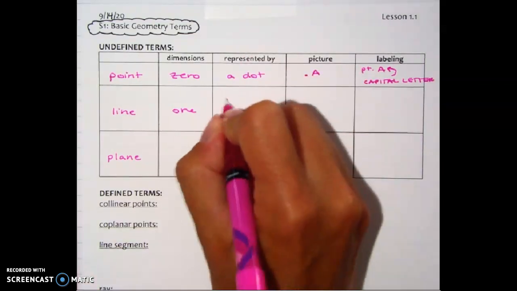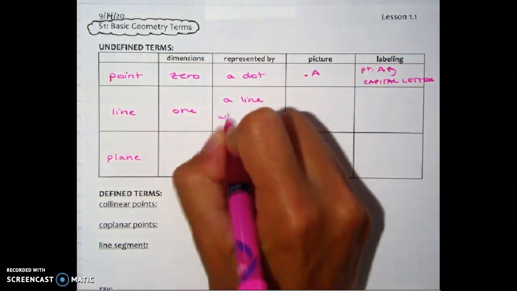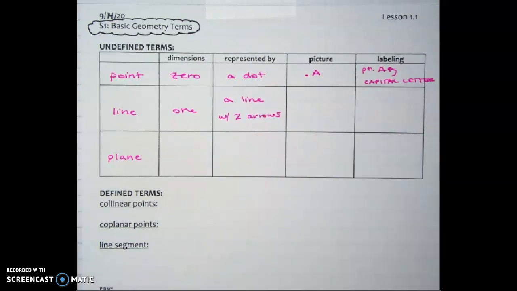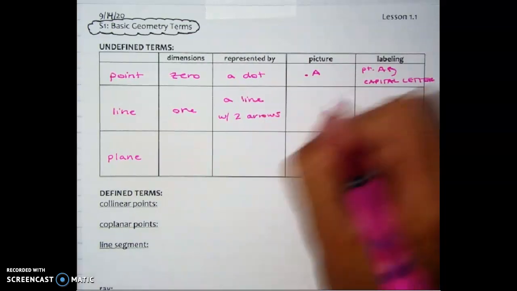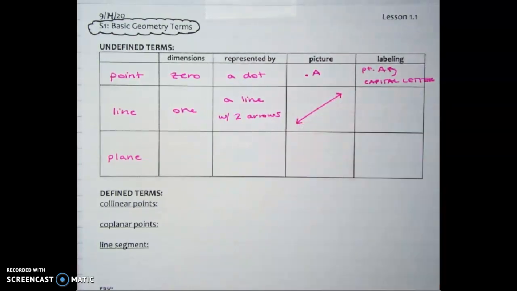So it's represented by a line with 2 arrows. Okay, so I'll draw a picture of one. Ta-da! There's my line. Okay, and there are actually 2 different ways that you can label or name a line.